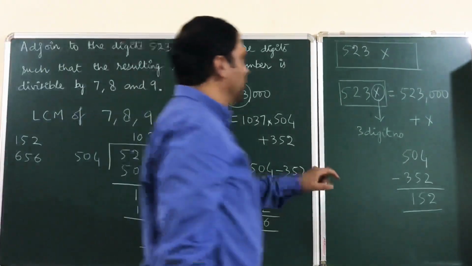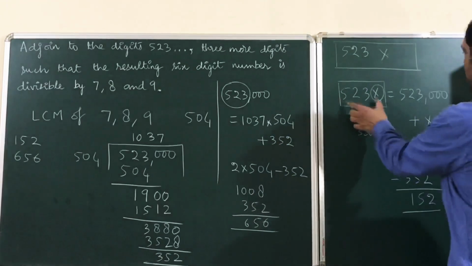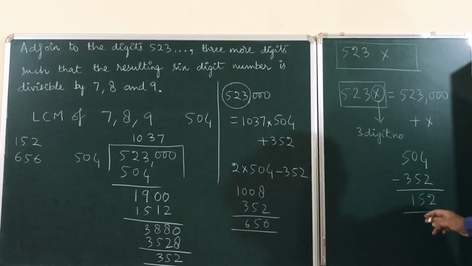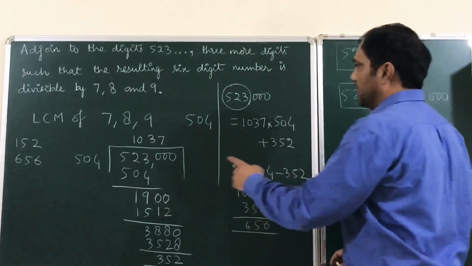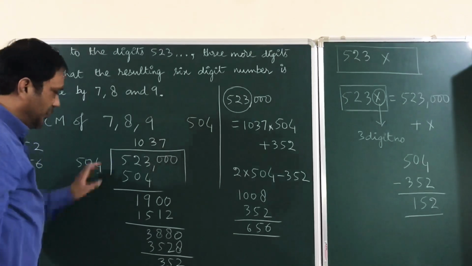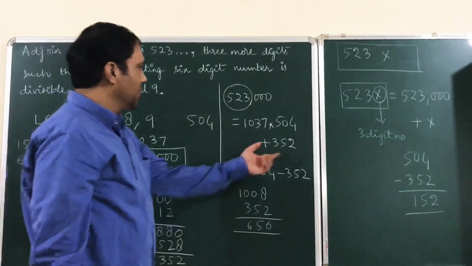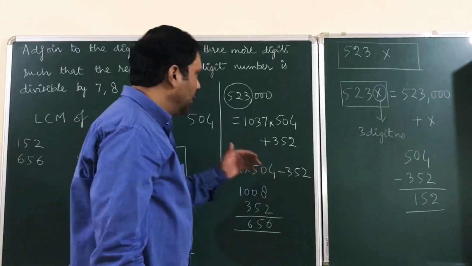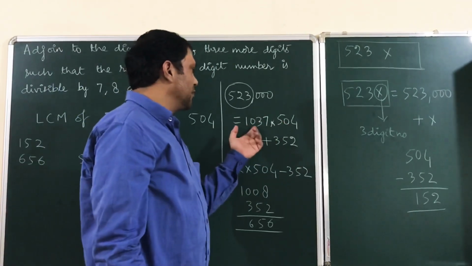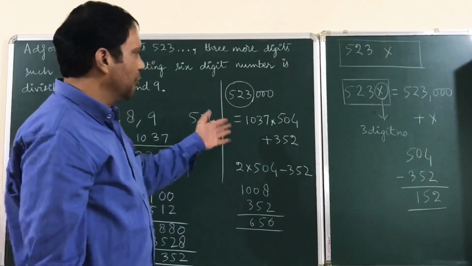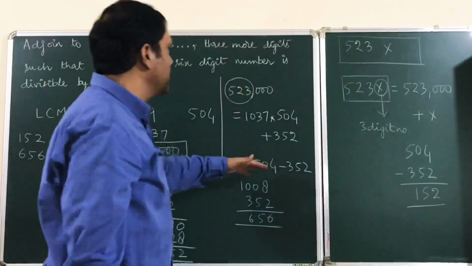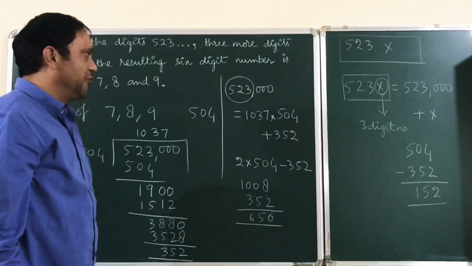I'll quickly tell you what I'm doing again. I have broken this as 523000 plus x. And I found what remainder we get when 523000 is divided by 504. The remainder which we are getting is 352. So it is 1037 multiples of 504 plus 352. So if I add 152, obviously I'll be getting the next multiple of 504.